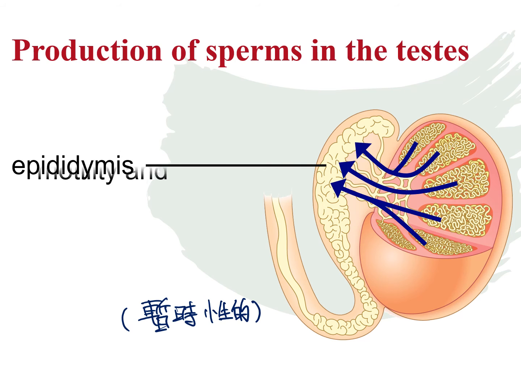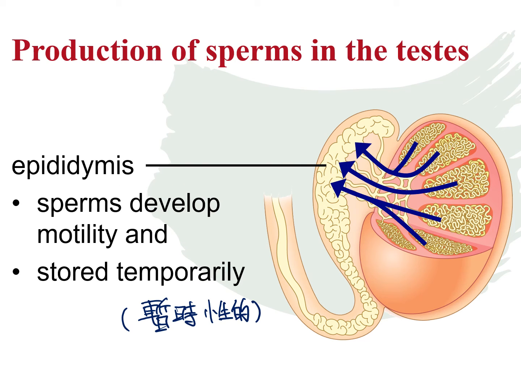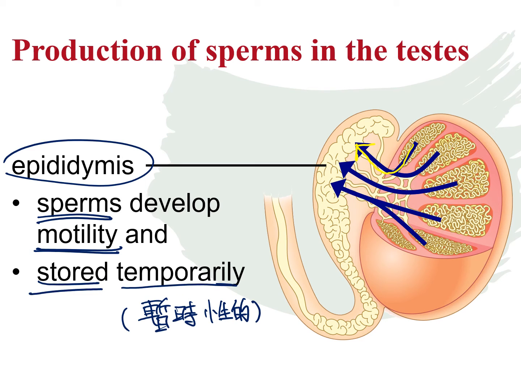After production in the seminiferous tubules, the sperm are transported to the epididymis. The epididymis is the site for the sperm to develop their motility, the swimming action, and it also helps to store the sperm temporarily. Later on, they can get out.